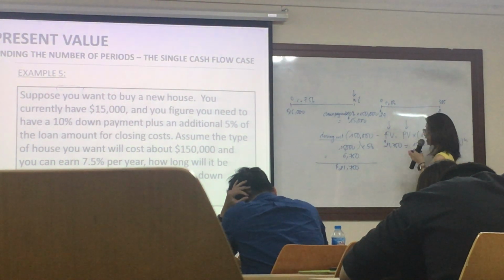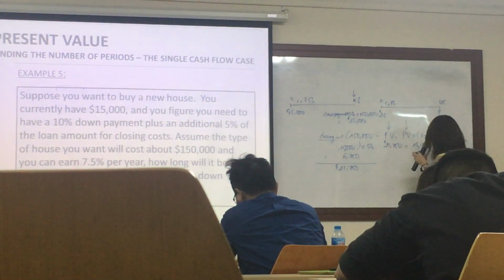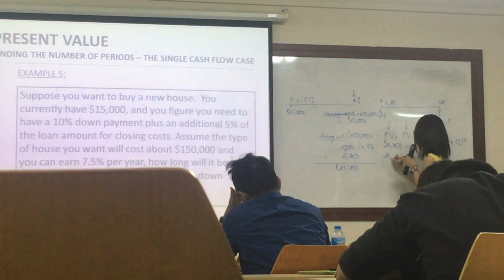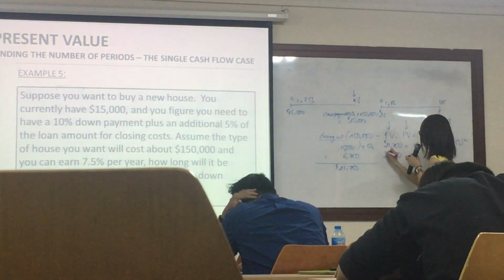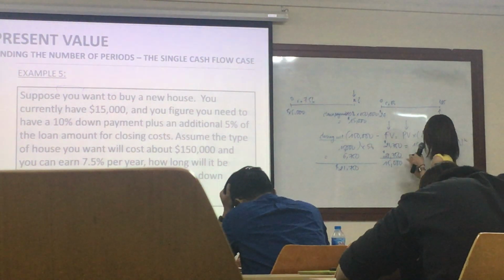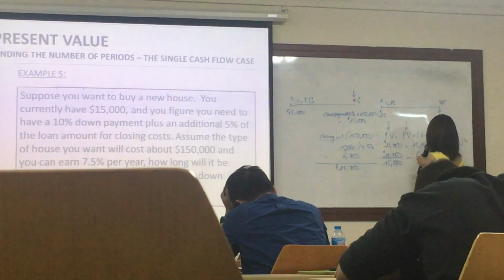So in order to find n, you need to take the logarithm of both sides to get the n down here, right? So first we divide 21,750 by 15,000 to get 1 plus 7.5% to the power n.